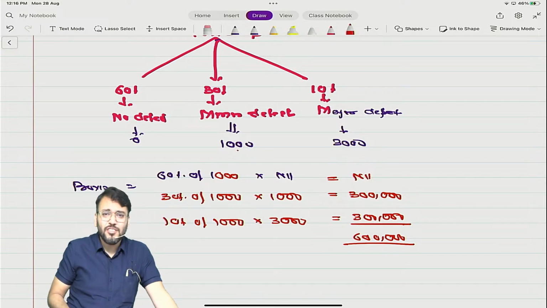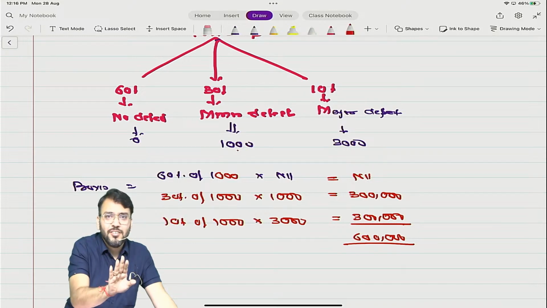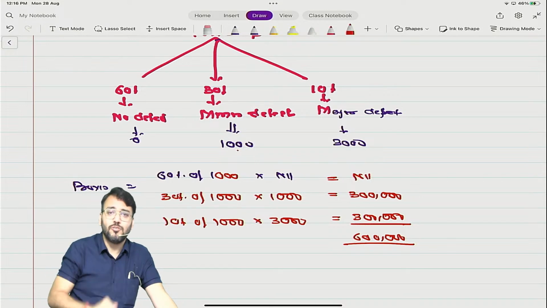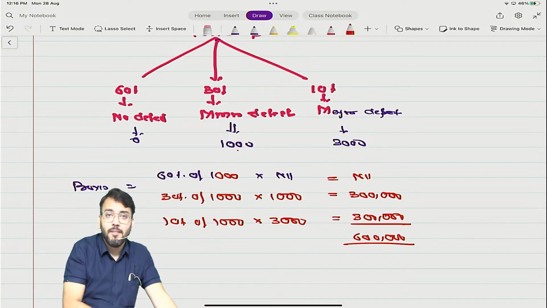If this information is given, you can calculate it because you have a calculator with you. So easy or hard? Complicated or easy? Once you have understood, you can calculate. A similar question they are asking at CA final also. I am teaching CA inter also, so CA final and CA inter are the same.